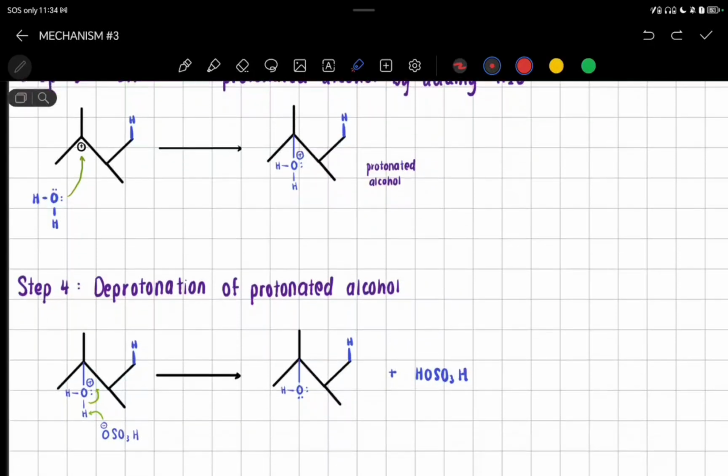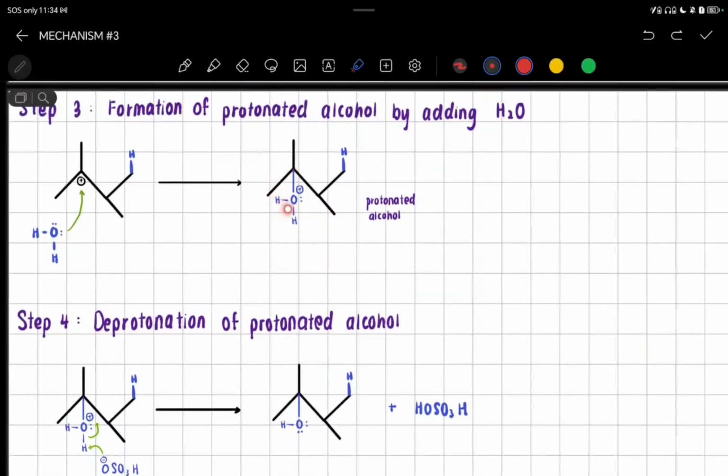So by this, it will form a new carbon-oxygen bond, which is this, which is also known as protonated alcohol. So the O atom bears a positive charge due to forming the new carbon-oxygen bond.